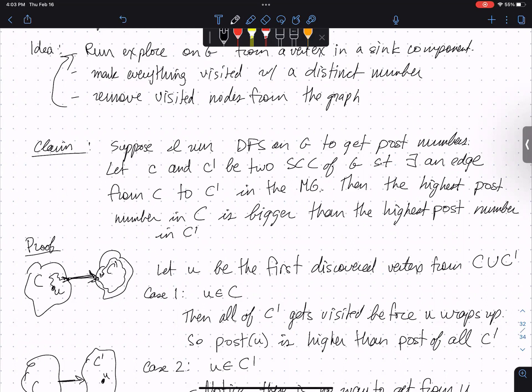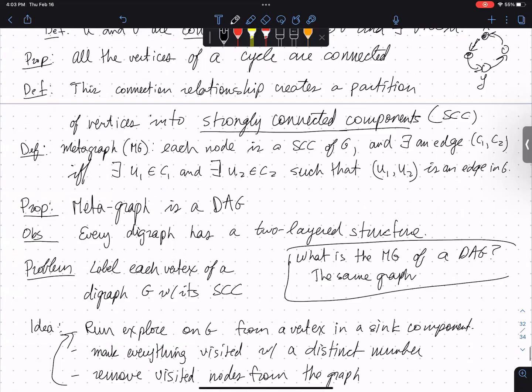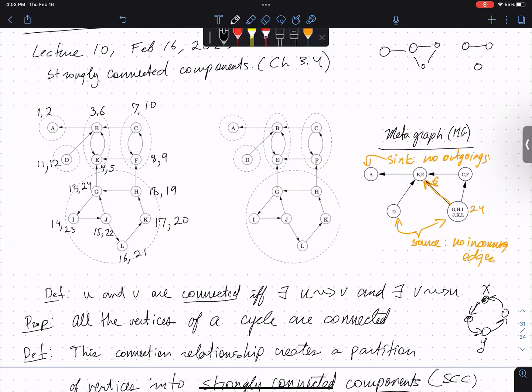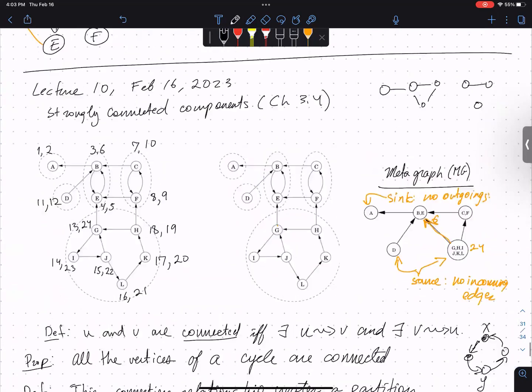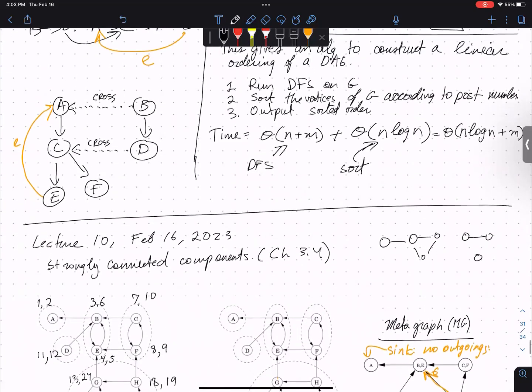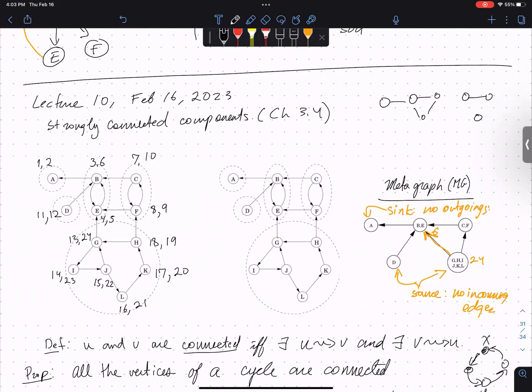So we wanted to find a vertex in the source component without looking at the metagraph. And this is going to let us do it. How? What can you say about the vertex with the highest post number in all of the graph?